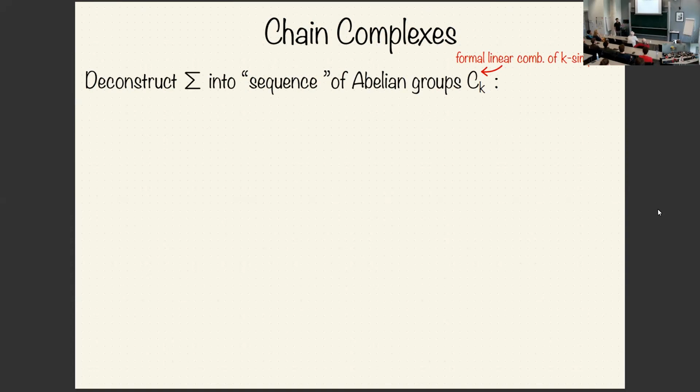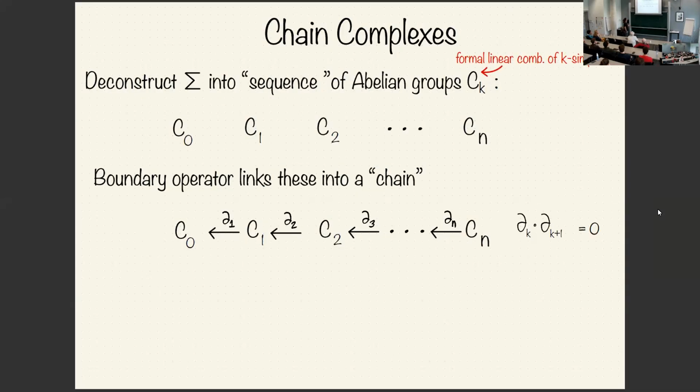The generators for these abelian groups will be all the simplices of different dimensions. So C sub k will be the space spanned by all the simplices of dimension k inside your complex. You consider all the 0 simplices, all 1 simplices, and so on, up to n simplices. So n is the number of vertices in your simplex.